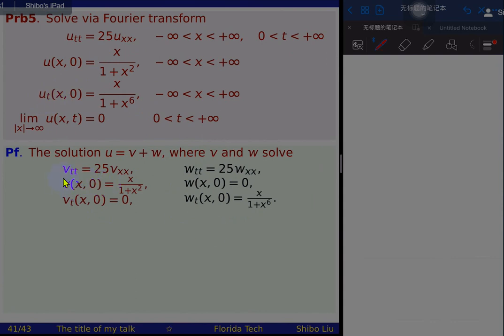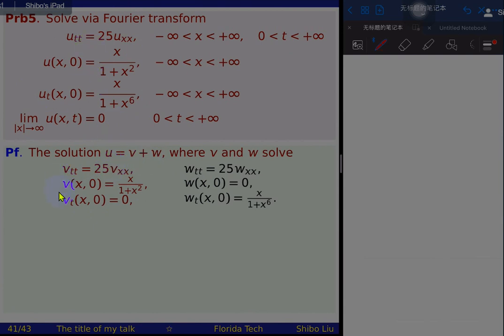So we decompose our original problem into two problems, the V problem and the W problem. Now, from the principle of superposition, the sum of the solutions of these two problems is the solution of our original problem, as you can check.